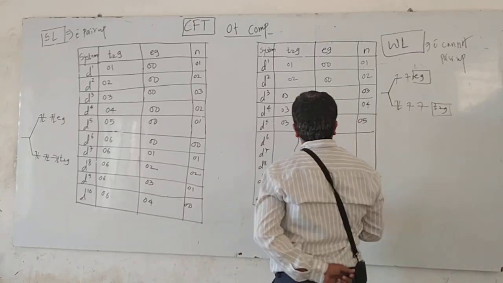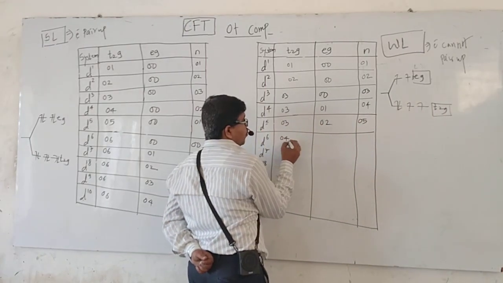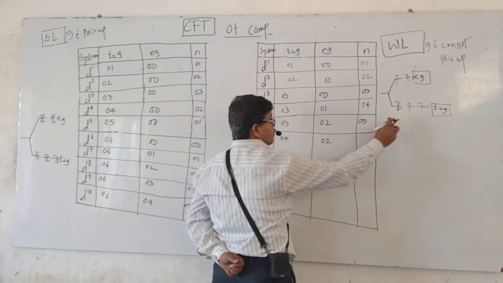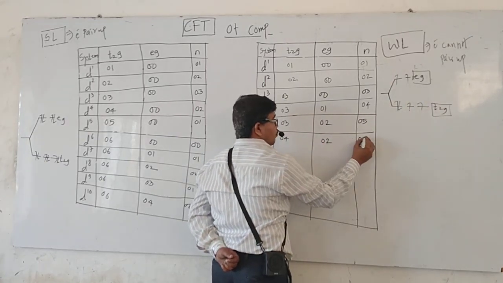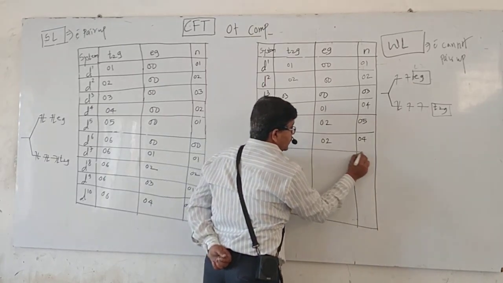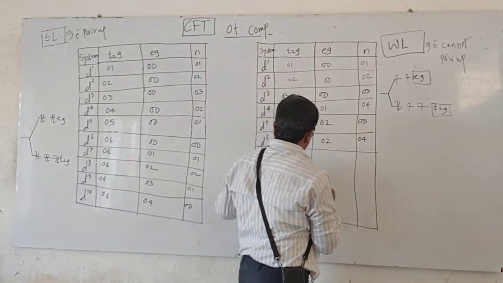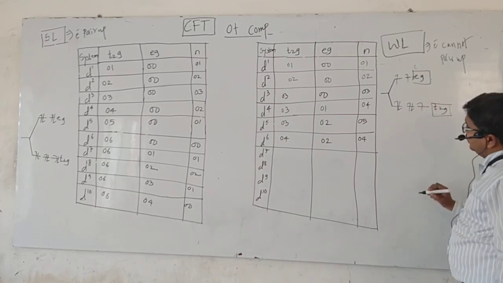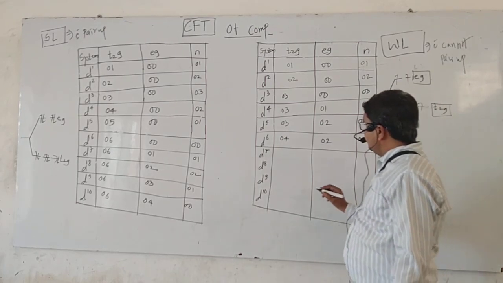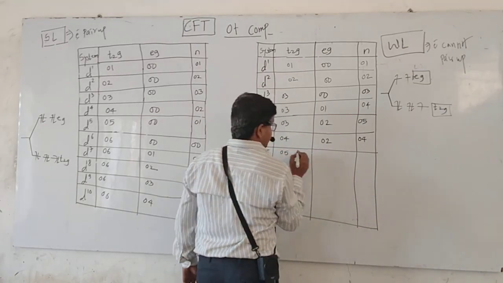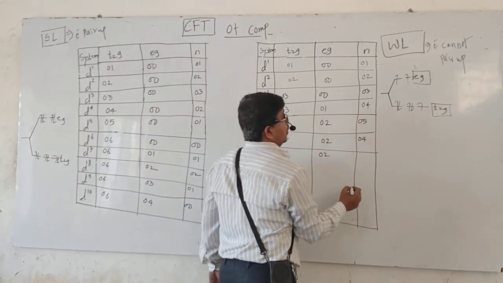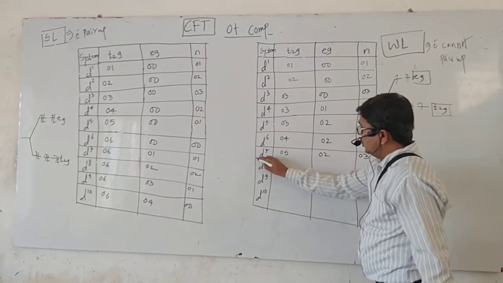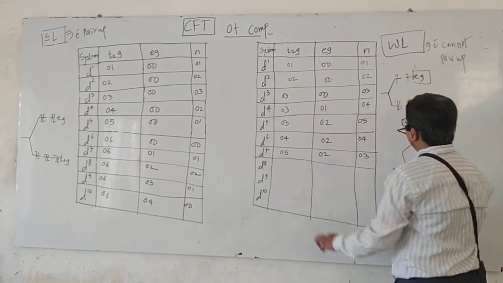In the t2g, how many electrons are there? 4. And in the eg, 2. Number of unpaired electrons is 4. d7 system. So the 7th electron will do pairing here. t2g 5, eg 2, unpaired electrons 3.